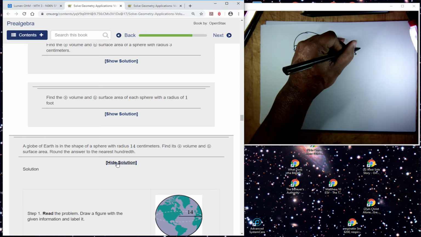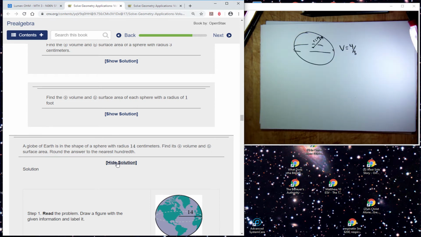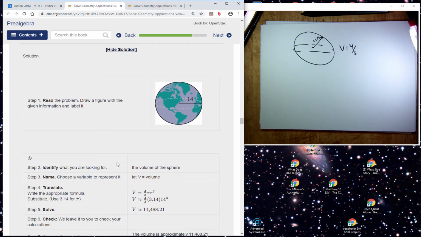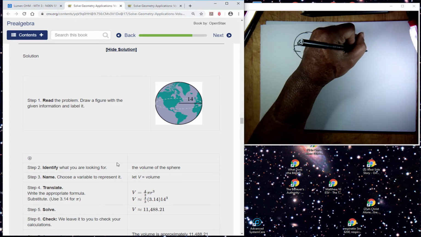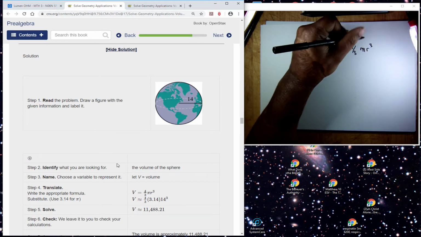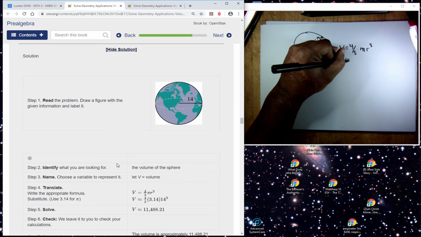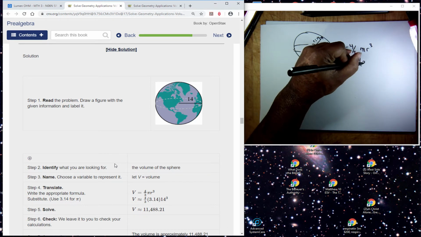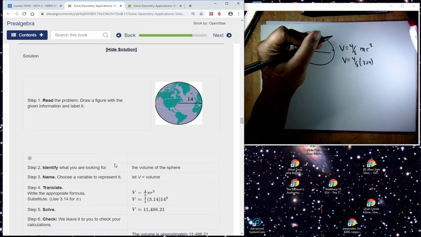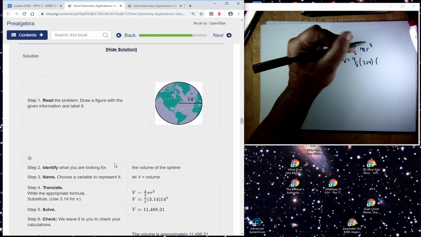4/3 pi r cubed. Yeah, pi r cubed. So we have 4/3 here. Pi is 3.14 and r is 14.